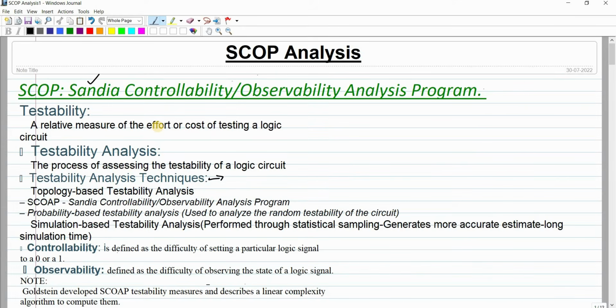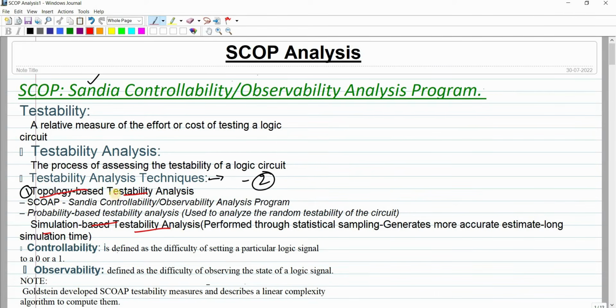So what are the different types of testability analysis techniques we have? We have two types. The first one is the topology based testability analysis technique, and the second one is the simulation based testability analysis technique.